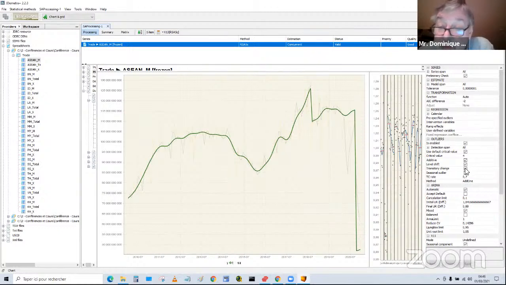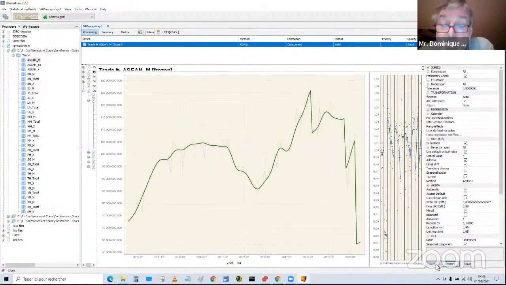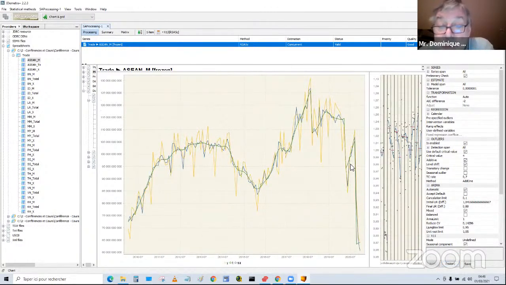If I suppress the transitory changes and I apply it, look, it will be completely different. And now the trend cycle is much more in line with what we are saying. Do you understand me? I understand that for you, what I'm showing is very disturbing.